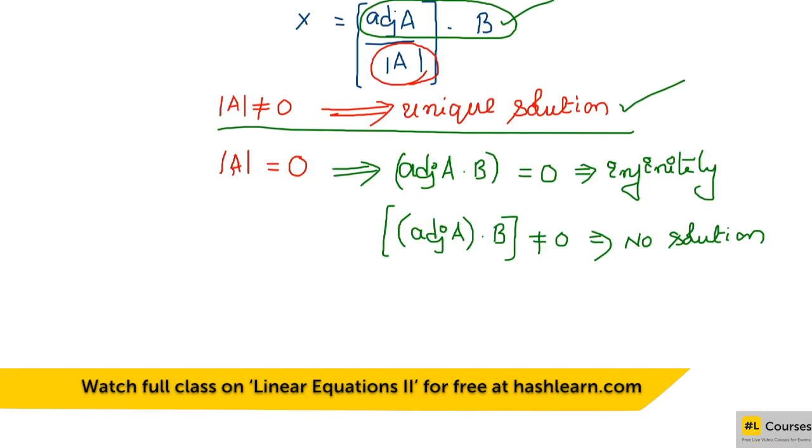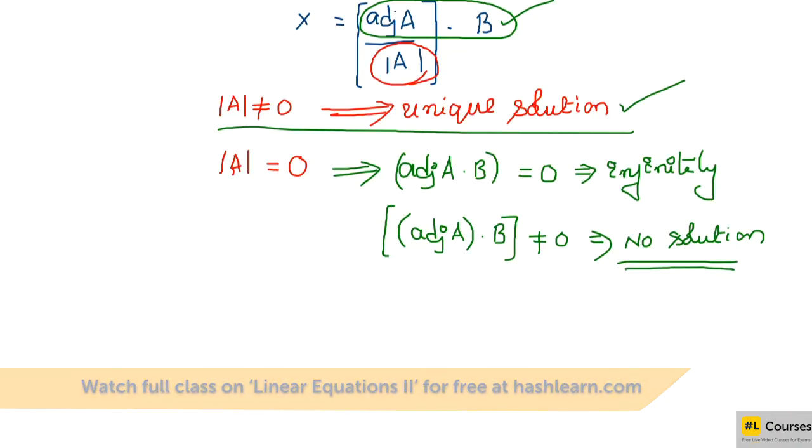If it is equal to 0, you will have infinitely many solutions. If adjoint A into B is not equal to 0, then there is no solution at all. That is called inconsistency.